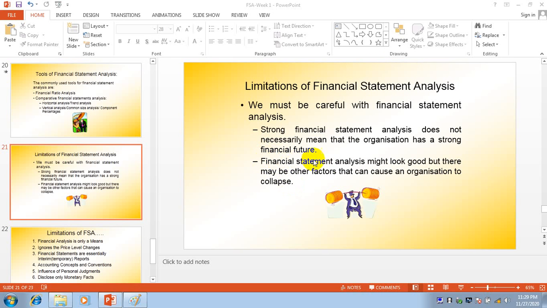In financial statement analysis, we are just using the accounting numbers, but there can be other factors which are important in the success of an organization, and we are not focusing on that. The organization collapses due to things like management and different other factors, and mostly the most important one is management.